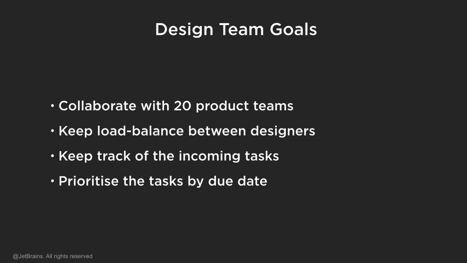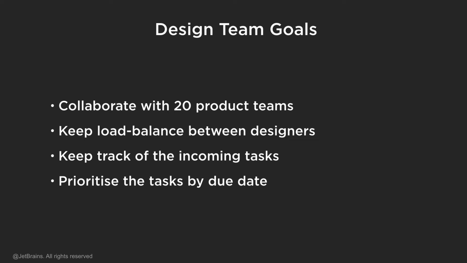When they came to us and asked us to help them establish the process, we again asked about their goals. So what are the goals of the design team at JetBrains? They need to collaborate with all the product teams.